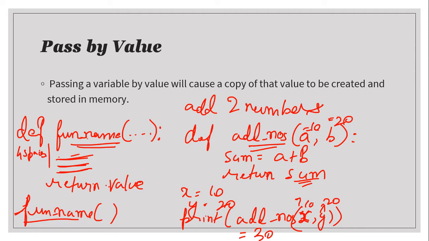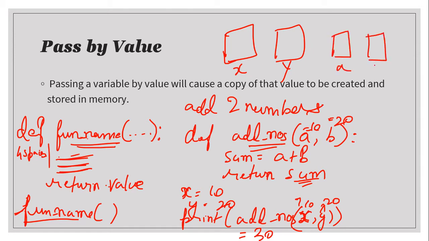It doesn't mean that we are actually working directly with x and y. So x is a memory location, y is a memory location, and inside the function I have a and b.